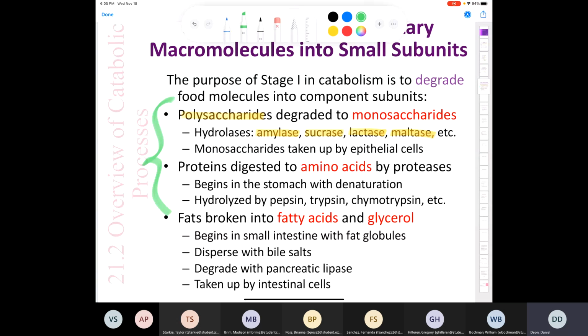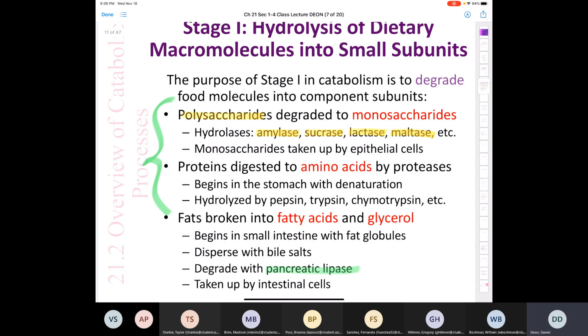First, we break them down into these little globules, and that just exposes more surface area. Then those globules get dispersed with bile salts, so that breaks them down even further. And it's not until they get acted upon by what's called pancreatic lipase that we start to break them up into fatty acids and glycerol. So it doesn't happen immediately for fats. They don't get metabolized till later on, unlike sugars and proteins.